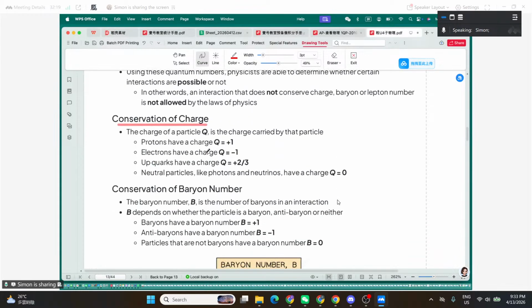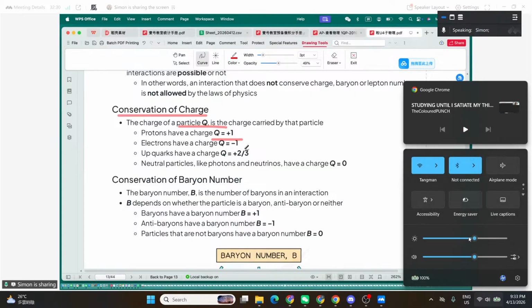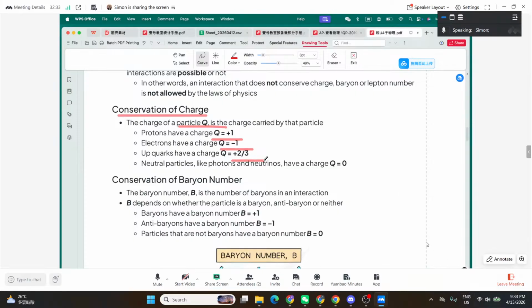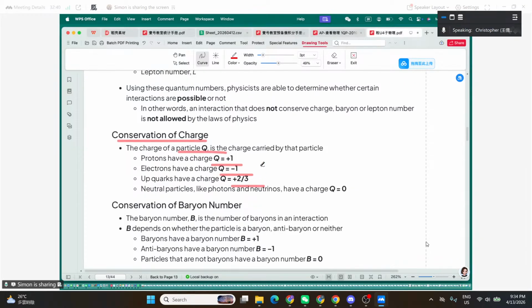So if we want to know whether the equation conserves charge or not, then the total charge on the left side of the equation must equal the total charge on the right side, right?